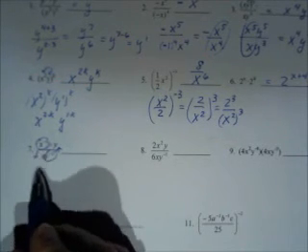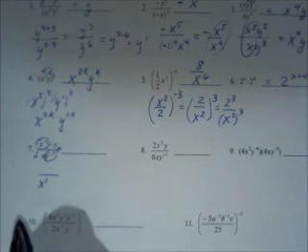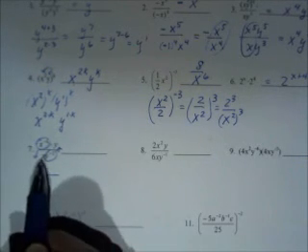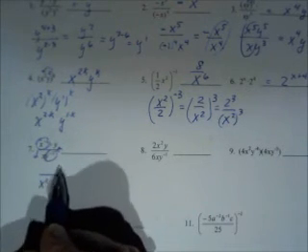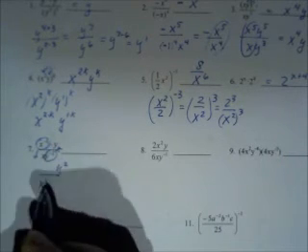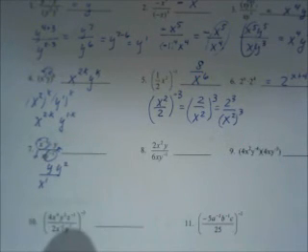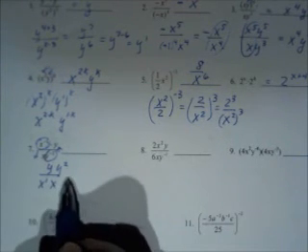Okay, so this comes down, x to the first, and that goes up, y to the second. Now what stayed was this y here stayed, so that stayed in the numerator, and this x down here stayed in the denominator.